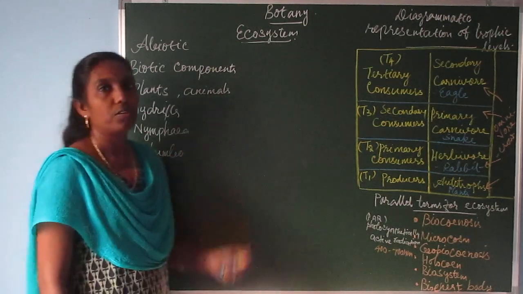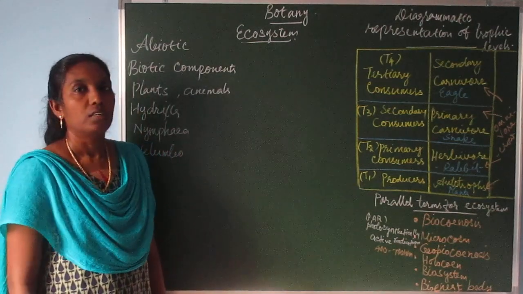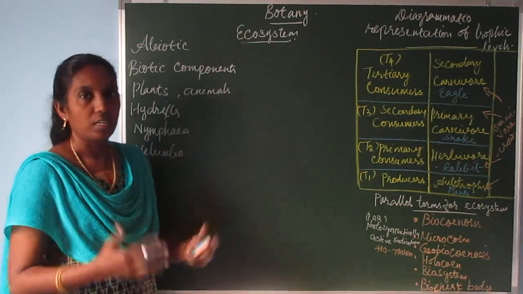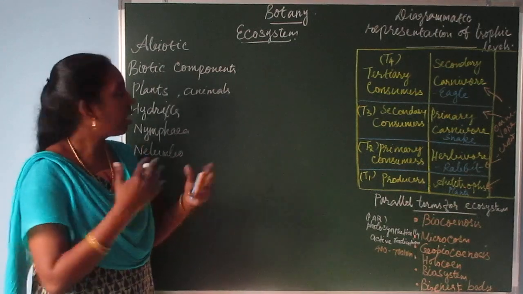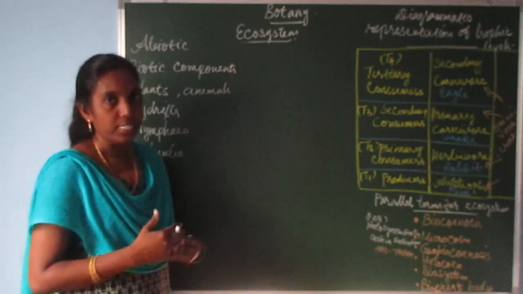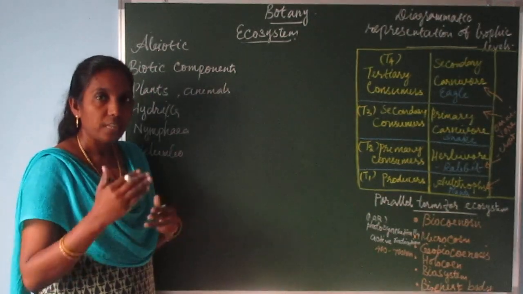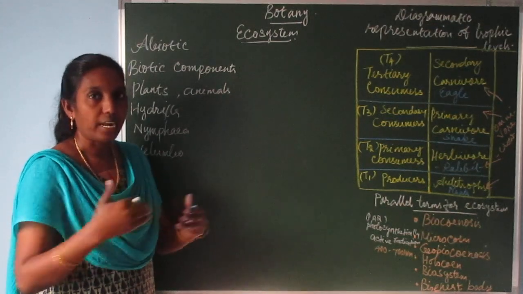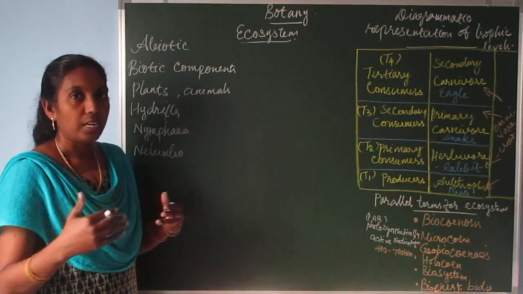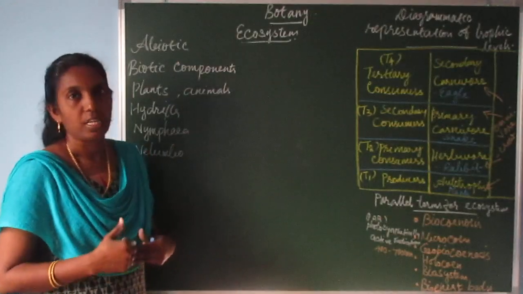Then animals including small fish, large fish, tortoise. All these organisms are near the water bodies, and they are the biotic components as well as abiotic components. These biotic and abiotic components interact with each other.